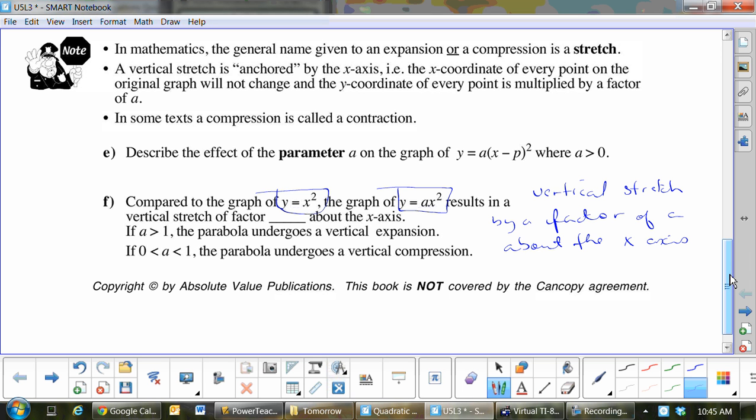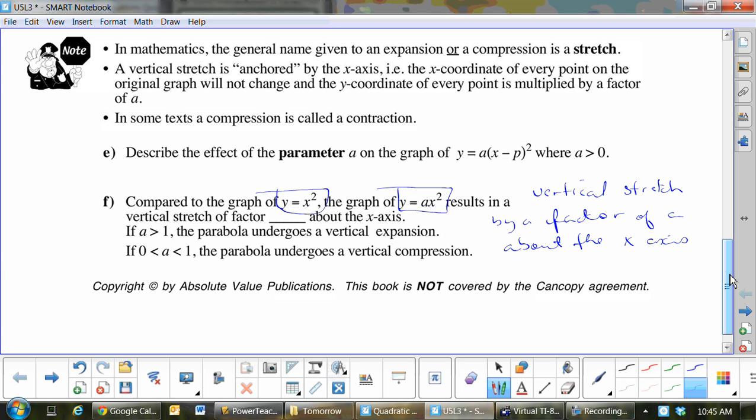We did horizontal translation by 4 units right. Well, when it gets stretched, we have to say it's a vertical stretch. Now next year you're going to learn horizontal stretches, but this year you won't. So it's a vertical stretch by a factor of whatever it is, 1/2, 2, 1/3, 1/9, 28.